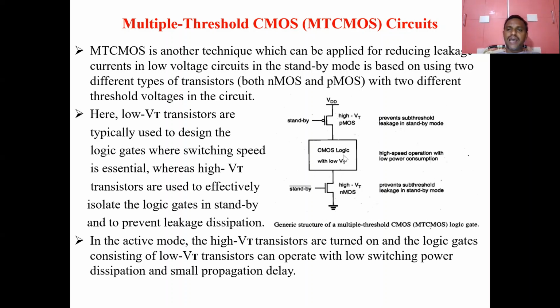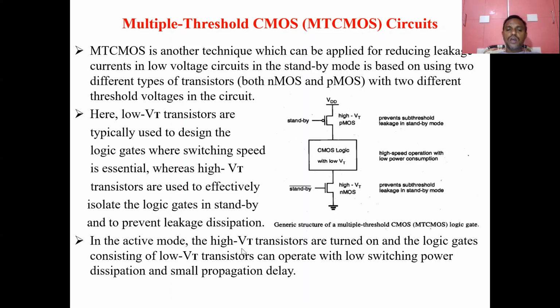That's why in the active mode, the high threshold voltage transistors are turned on, and the logic gates consisting of low threshold voltage transistors can operate with low switching power dissipation and a small propagation delay. Why? Because these are low threshold voltage. If you scale down the threshold voltage, automatically the propagation delay will decrease, so the speed will increase. Okay, that's what we have here.